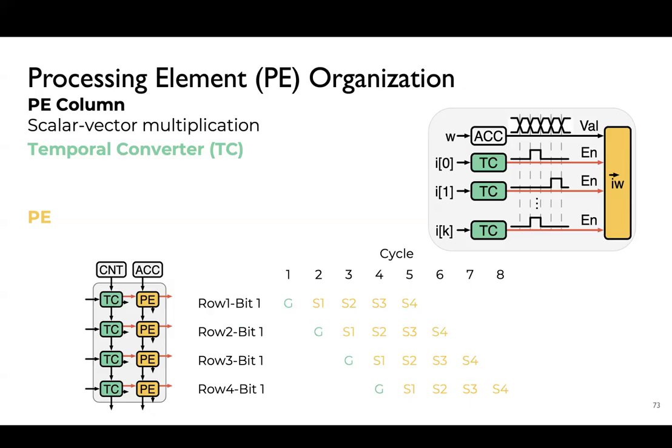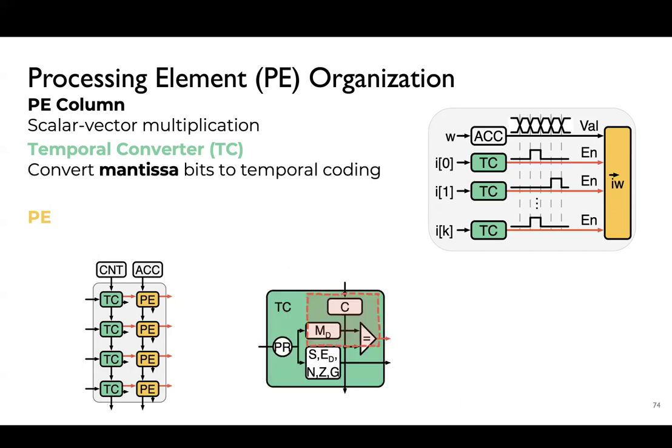And each row staggers, as shown in the pipeline diagram here. The green block here shows the zoomed in view of a temporal converter. It contains the hardware that converts the mantissa bits into temporal coding, and additionally, all the hardware that pre-processes special values.